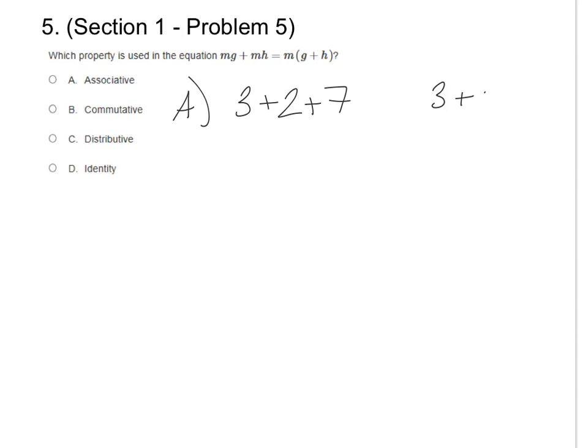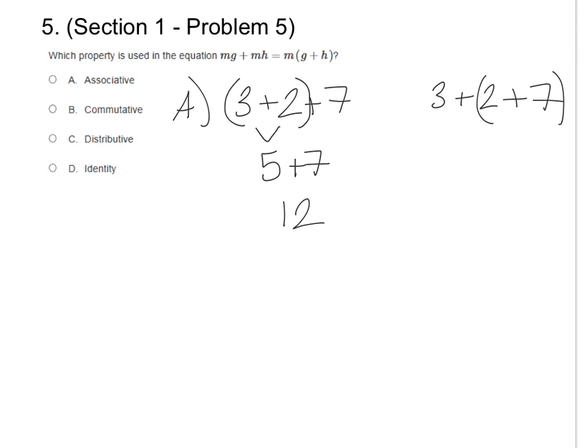If we kept the order of the three numbers the same, the associative property tells us that I could group the 3 plus the 2 together, or I could group the 2 plus the 7 together, and it wouldn't matter. So over here, doing order of operations, I would do what's inside the parentheses first. So 3 plus 2 is 5, and then I would add 7, which gives me 12.